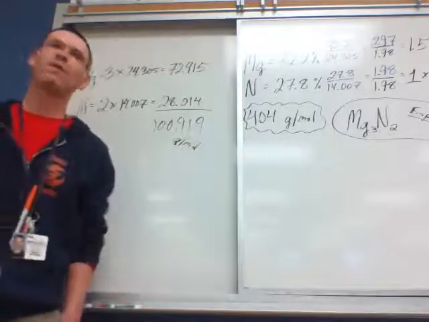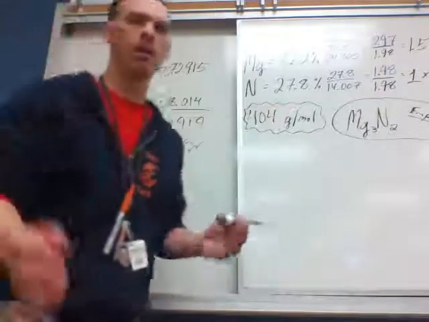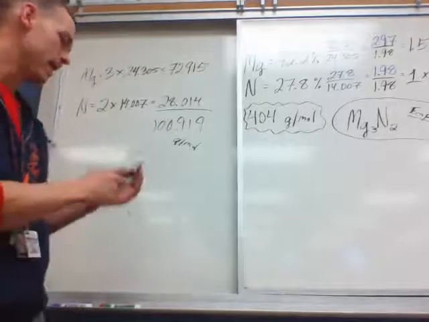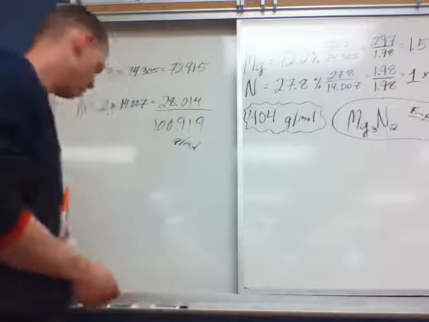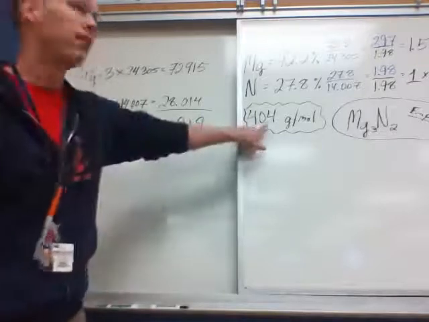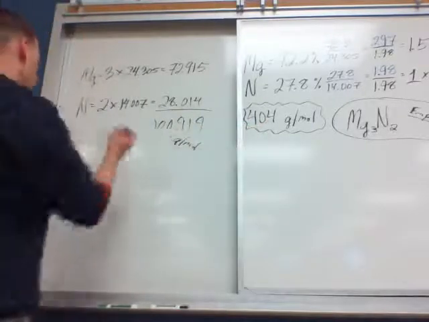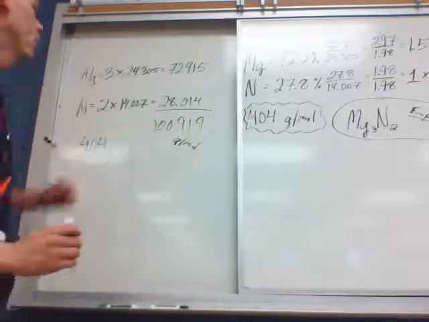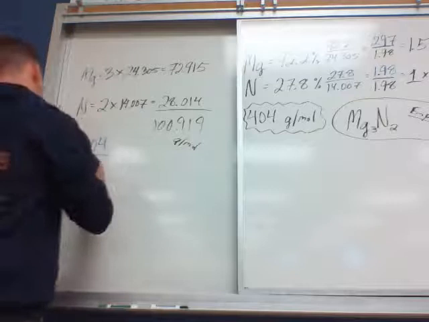Remember what we have found here. We found the mass of the empirical formula. Our cheat sheet says we need to divide the given number, 404, the number we haven't touched yet. We're going to divide it by 100.919.